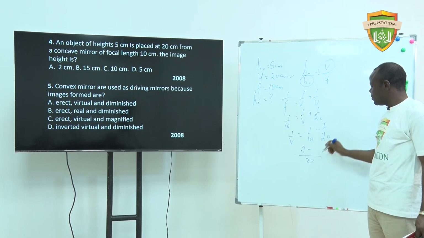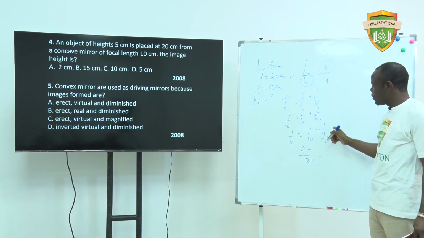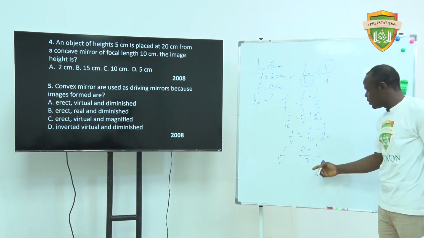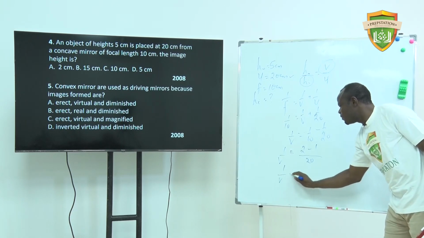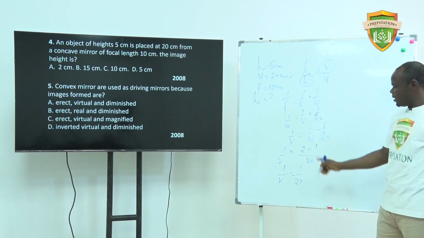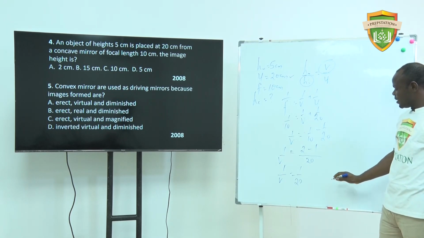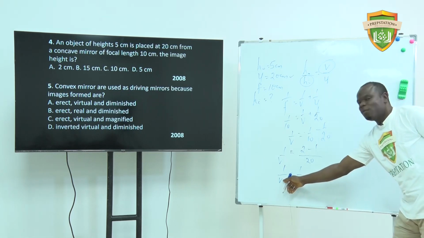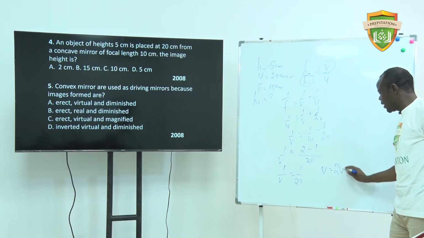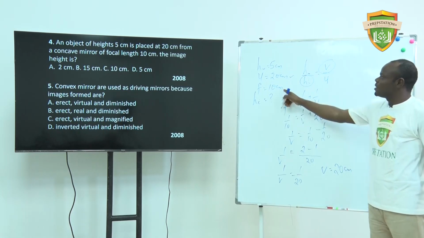We have 2 minus 1, 20 into 20 is 1, 1 times 1, I have 1. So that means 1 over V is 2 minus 1 over 20, so 1 over V will be 1 all over 20. Let's reverse this. That means V is 20. Don't forget, the work is in centimeters.